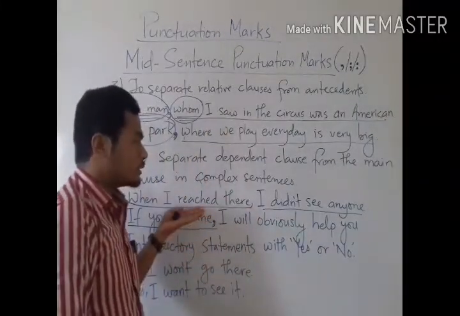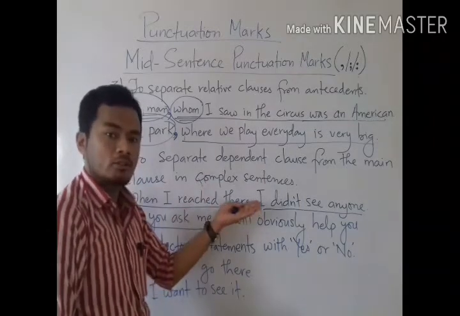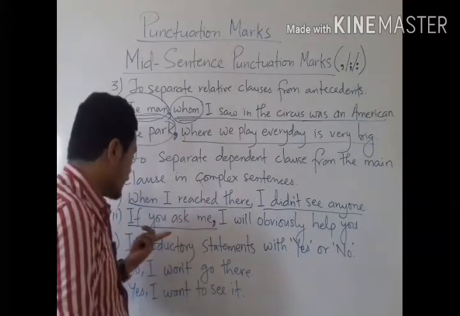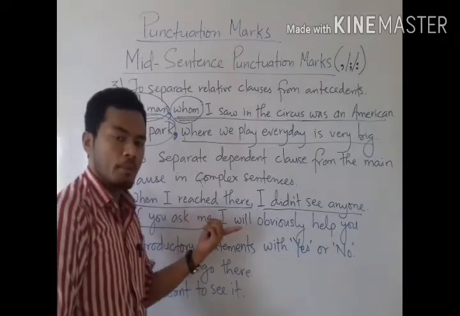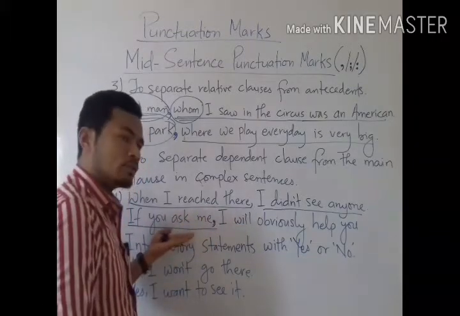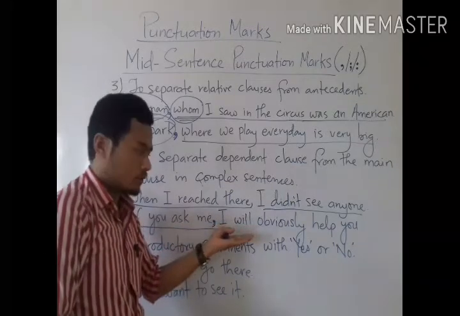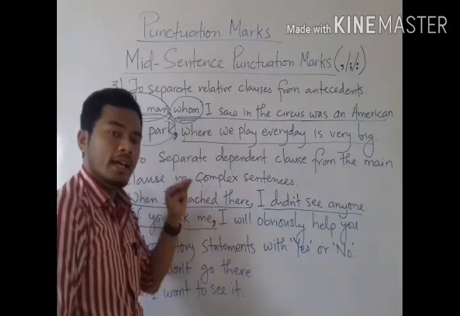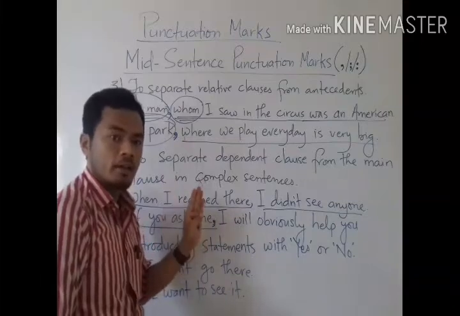Okay, so here these two dependent and independent clauses together have made one complex sentence. And here also, if you ask me, comma, I will obviously help you. So first I have used a dependent clause and then a comma and an independent clause. Okay, this is the condition. If I use a dependent clause at first, then I have to put a comma.